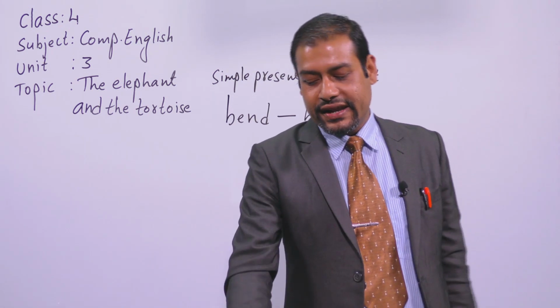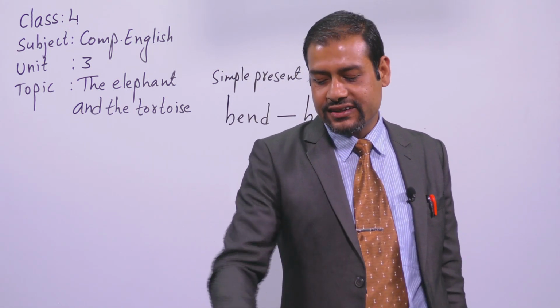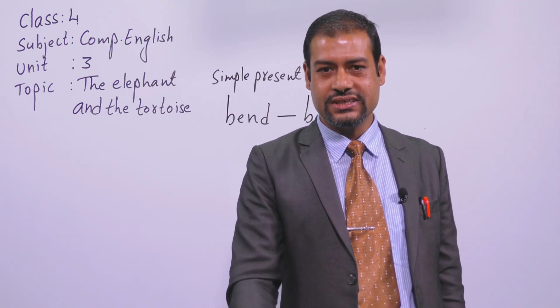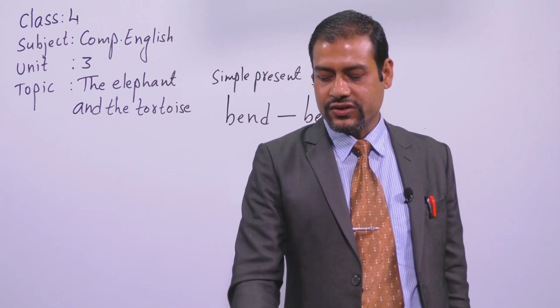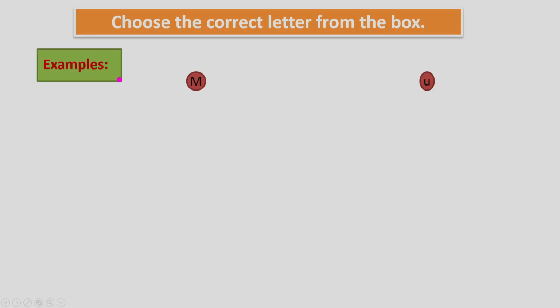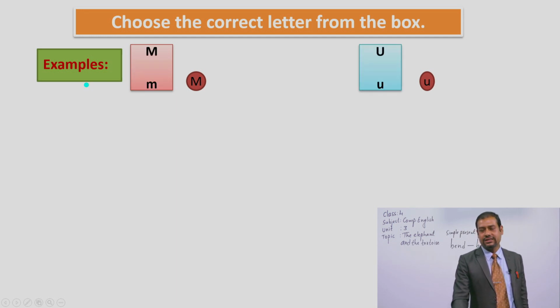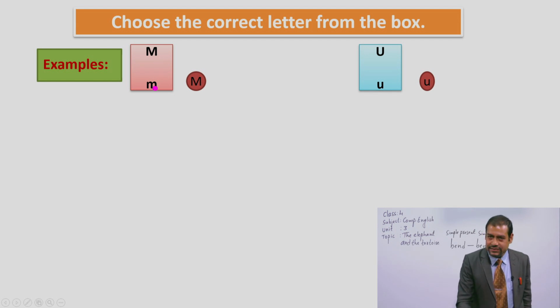All right. Now I want to show you another exercise from your textbook. Look at what is written. Choose the correct letter from the box. First of all, I want to show you examples. In the box, capital M is written, small m is written later.